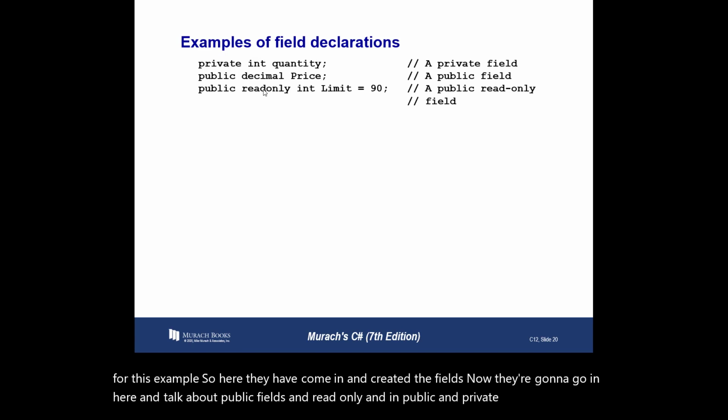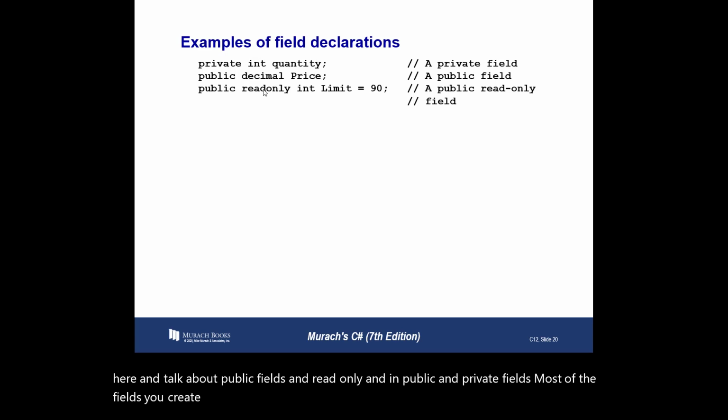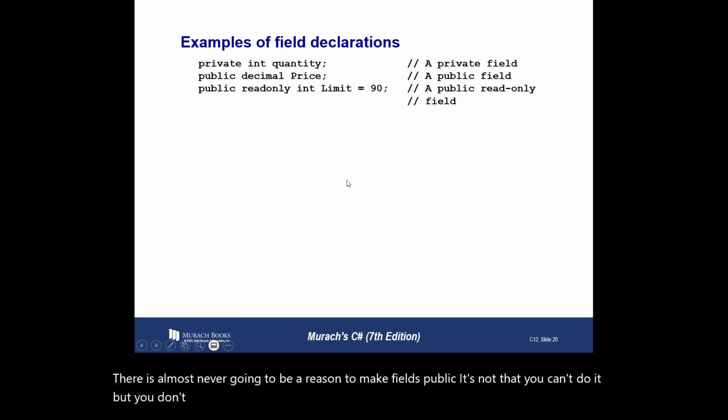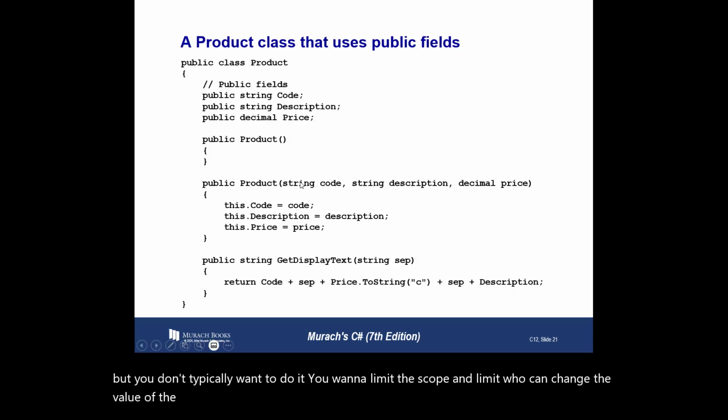Most of the fields you create in a class will be private. There is almost never going to be a reason to make fields public. It's not that you can't do it, but you don't typically want to. You want to limit the scope and limit who can change the value of the variable.